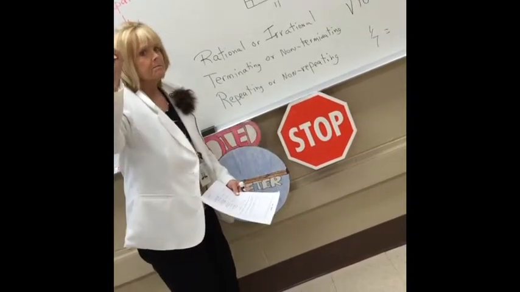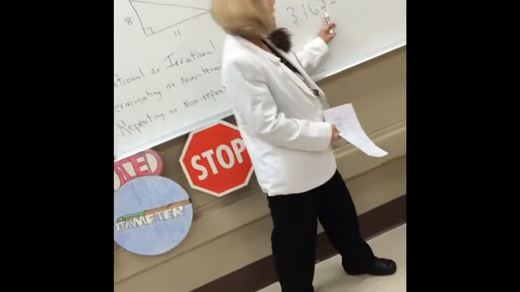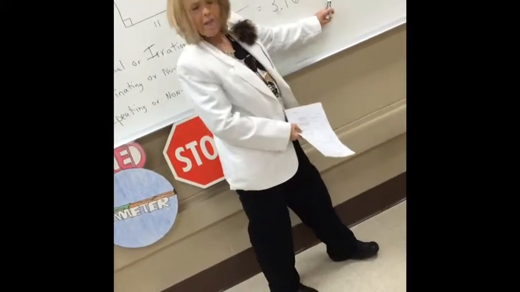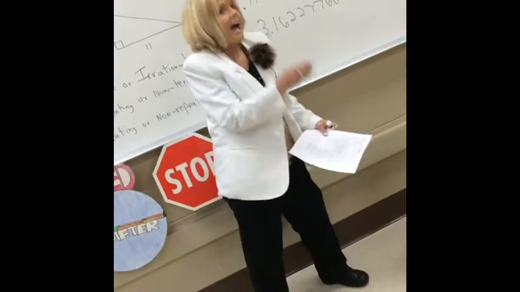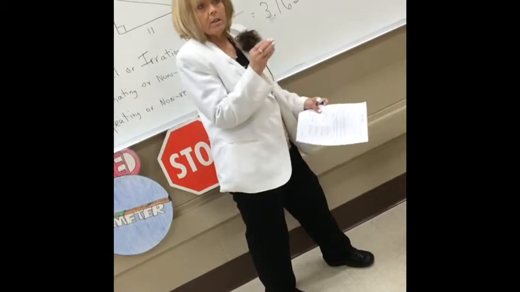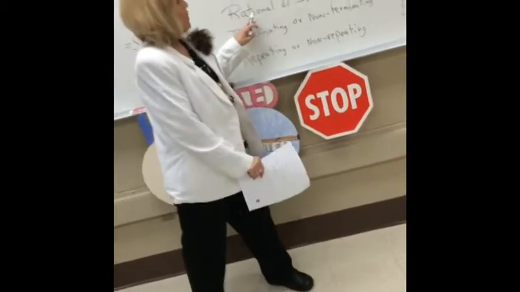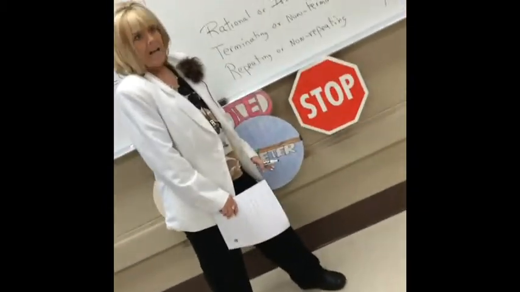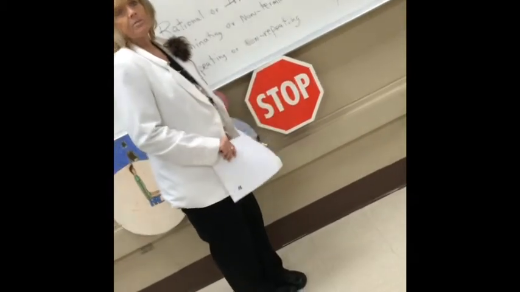Is it repeating or non-repeating? Now this is confusing. It is non-repeating, but a lot of people think it's repeating because it has a 2 and a 2, a 7 and a 7, a 6 and a 6. Yeah, but it doesn't repeat in a pattern. It doesn't go 2, 2, 7, 7, 6, 6, 2, 2, 7, 7, 6. So it's non-repeating. And then, would that be rational or irrational? Irrational. If you circle non and non, it's irrational.